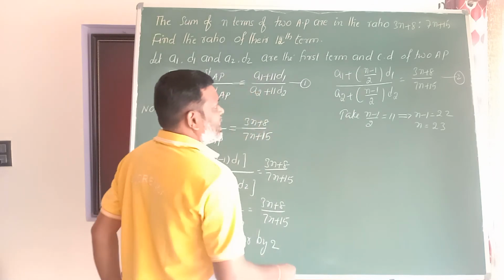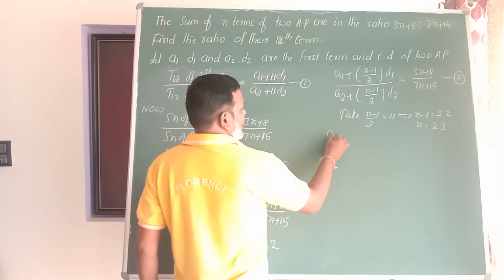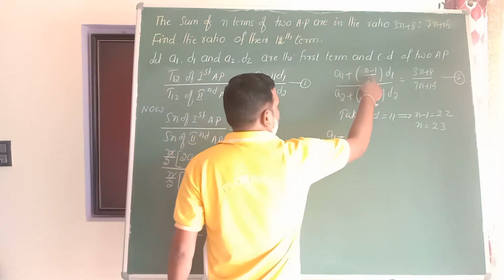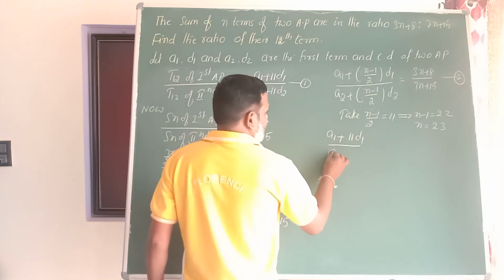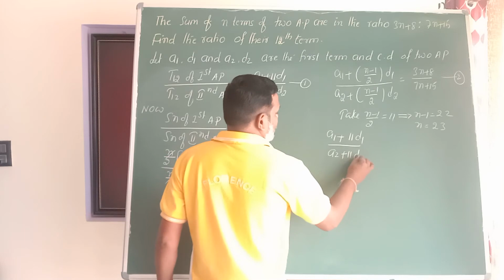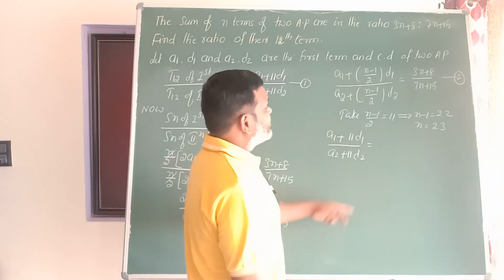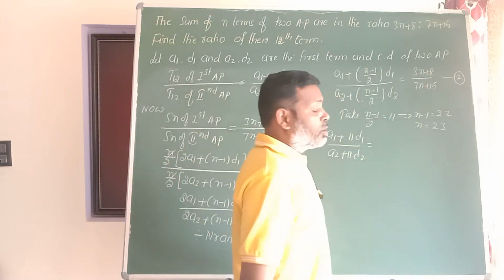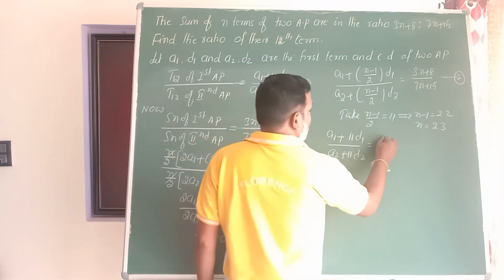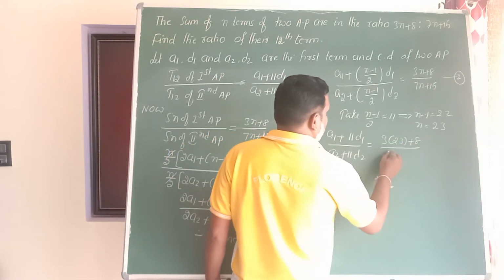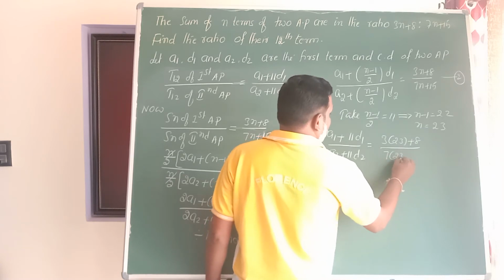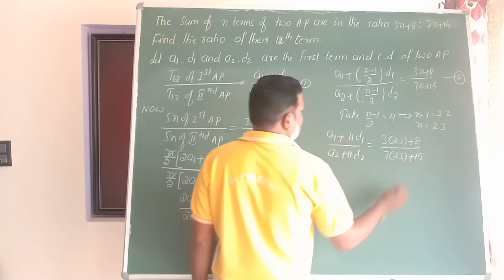Okay, now what happens? Equation 2 becomes (a1 + (n-1)/2 d1) taken as 11 d1 divided by a2 + 11 d2 is equal to, in place of n, put n equal to 23. That becomes (3 into 23 + 8) divided by (7 into 23 + 15).